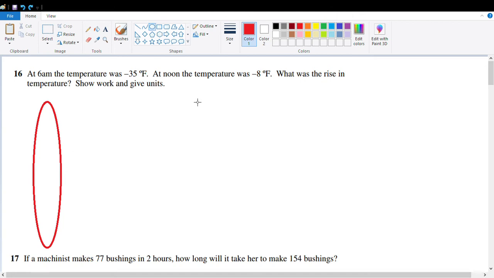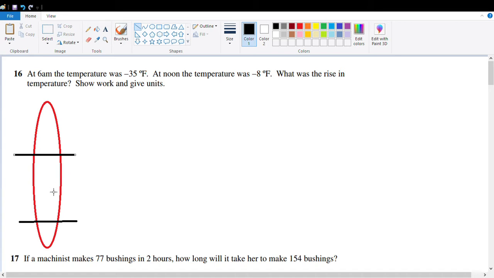Okay, suppose this is a temperature. In the morning it was negative 35, so it's somewhere around here. Let's use black. That's the morning, and at noon it's somewhere here. So our question is, we want to find how far it went from here to here. So how do we do that?